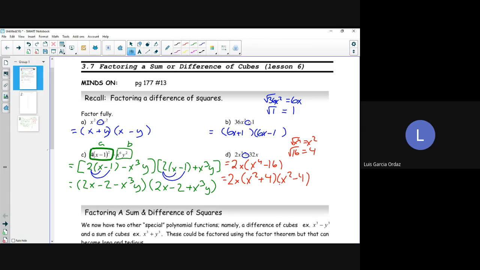Okay, so the one with x squared minus 4, this is also a difference of squares, okay? So we're going to end up with 2x times x minus 2 times x plus 2, sorry, not x plus 4, x plus 2, times x squared plus 4.